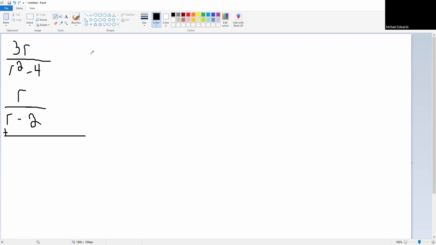Okay, this can be done using our factoring skills. So for the LCD, we can take this one and rewrite it as r minus 2 and r plus 2.